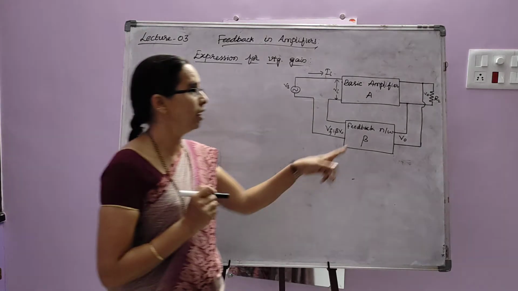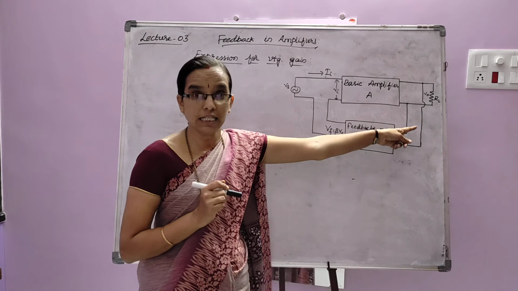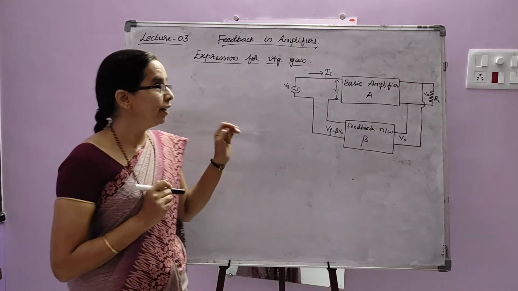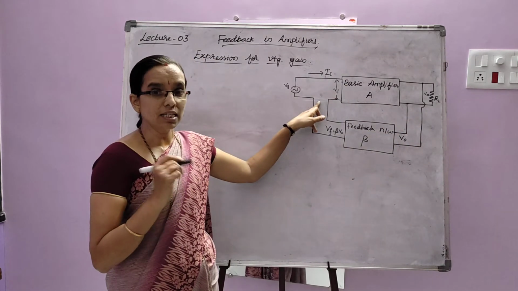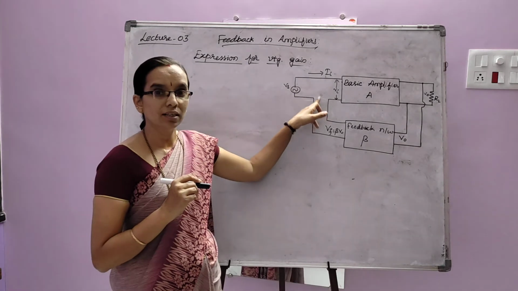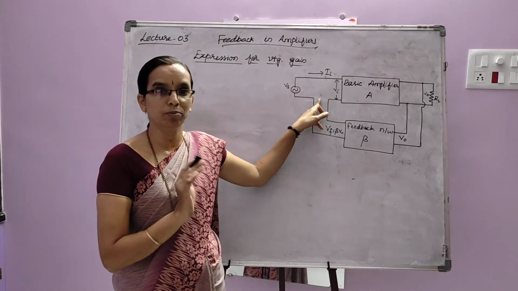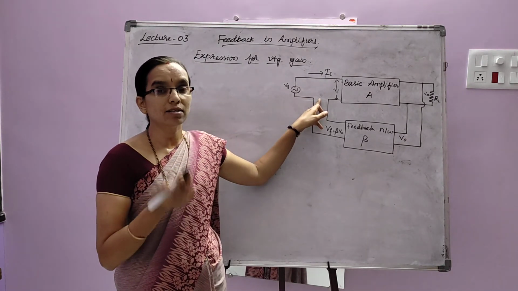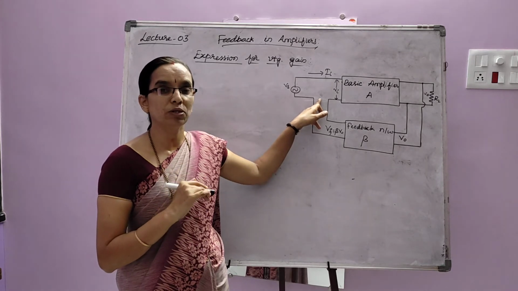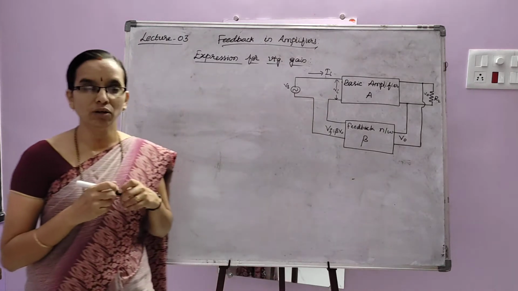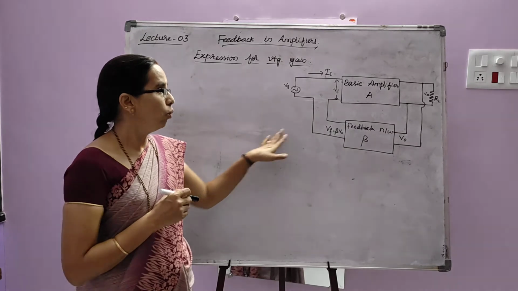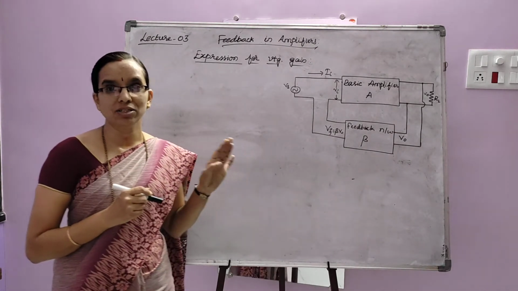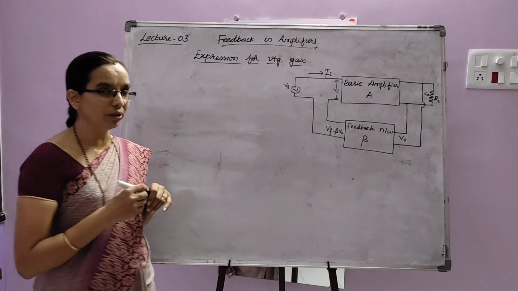If you are taking current output, then it will be a series connection in the output. Voltage series means it will be series in the input side also, or current shunt means in the input side it is parallel. That we have already discussed. So the voltage series negative feedback connection is the most important one that you have to remember.